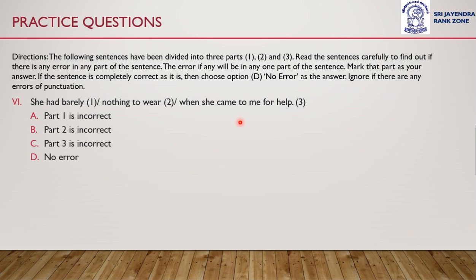I hope all of you have marked your answers. As I told you, we cannot use barely and nothing together. We cannot use nothing, not, never with barely, scarcely. Therefore, nothing to wear is an incorrect option.